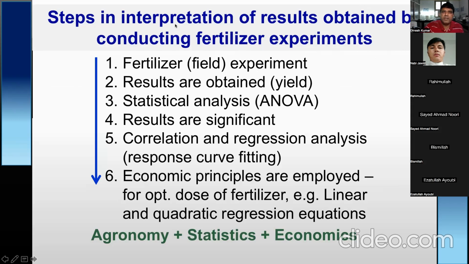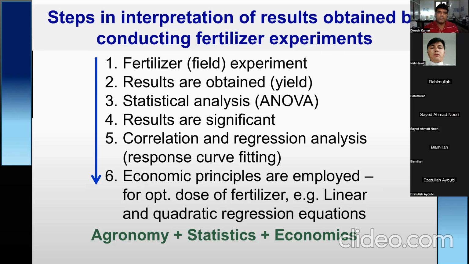So it steps in interpretation of results obtained by conducting fertilizer experiment. Overall, whenever you want to decide the optimum dose of fertilizer, you need to conduct the fertilizer experiments under field conditions. And you will apply different doses of the fertilizer, say 0, 40, 80, 120, 160, 200.